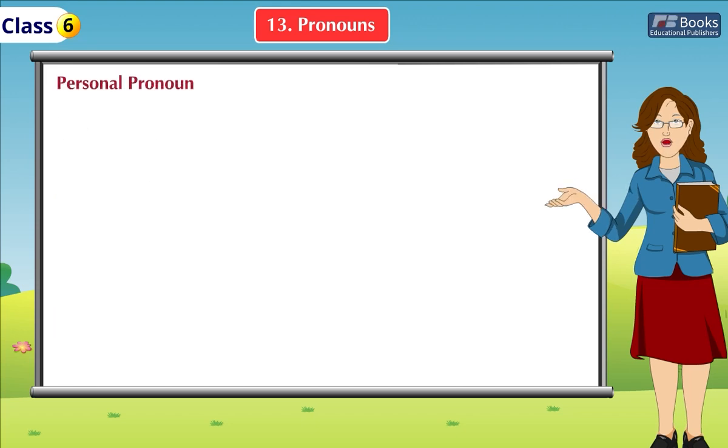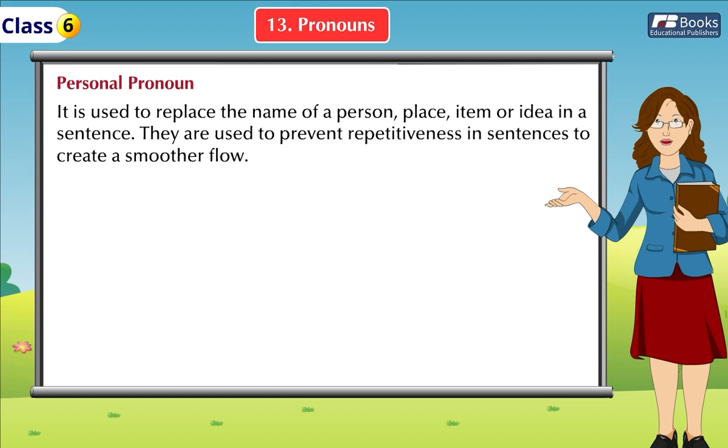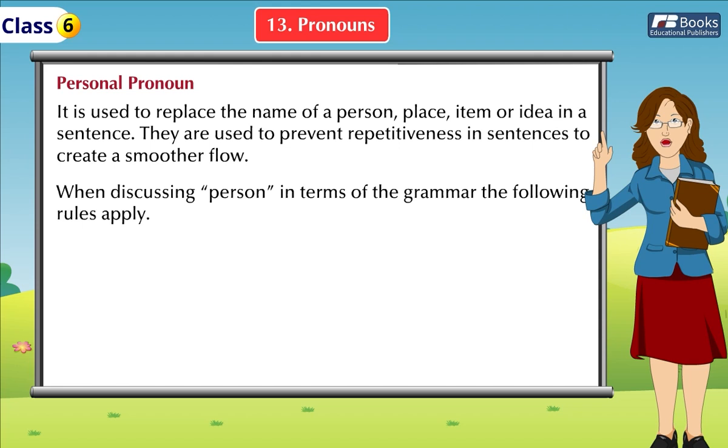Personal pronoun. It is used to replace the name of a person, place, item, or idea in a sentence. They are used to prevent repetitiveness in sentences to create a smoother flow. When discussing person in terms of grammar, the following rules apply.